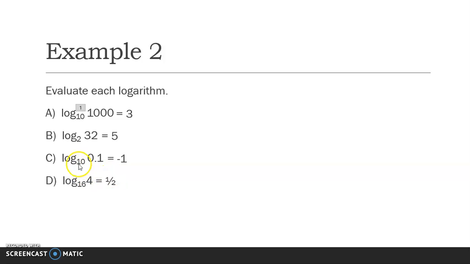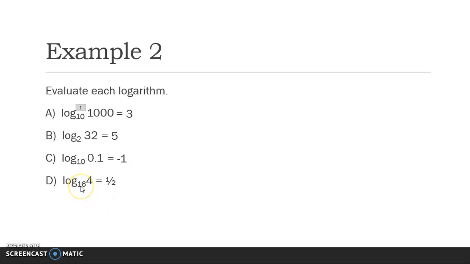For this one, this is interesting because the base is bigger than the number they got from it. So that means it was either a fractional exponent or a negative exponent. And notice this is 1/10. So that's a negative exponent here. So it's -1.